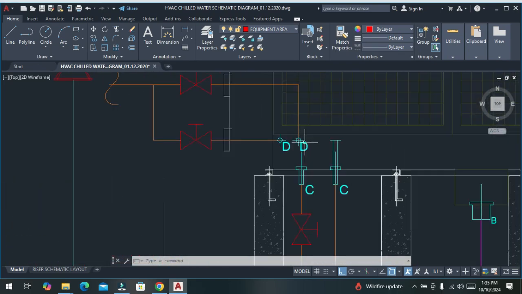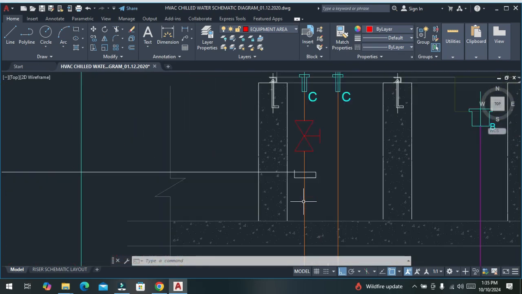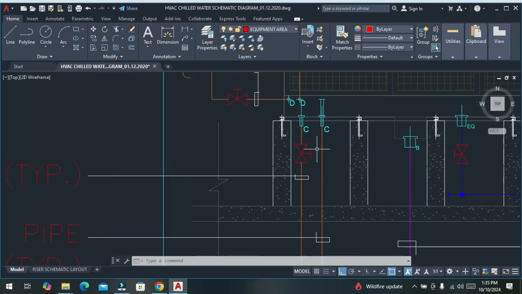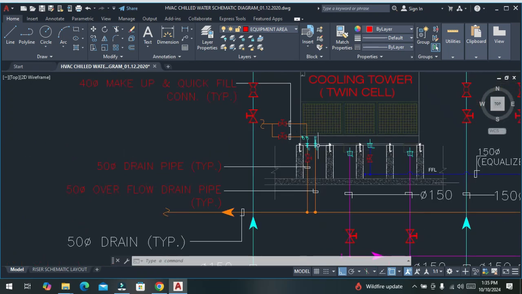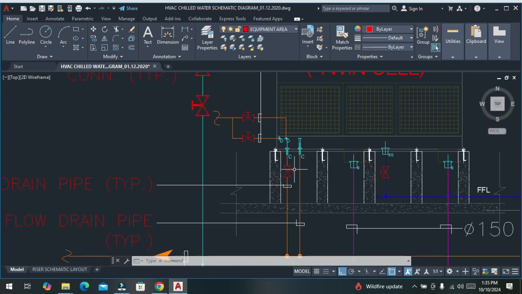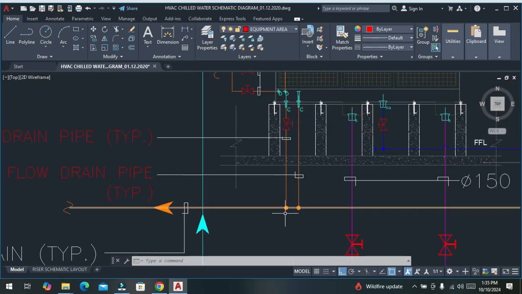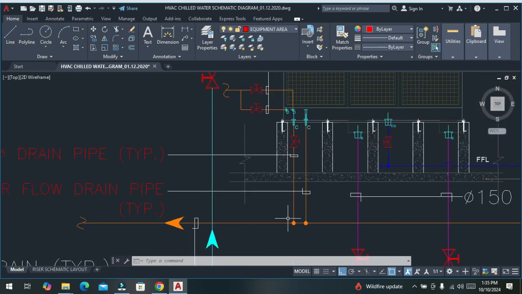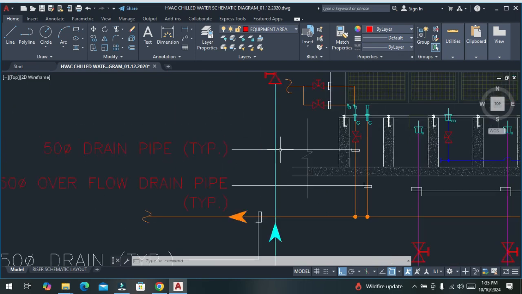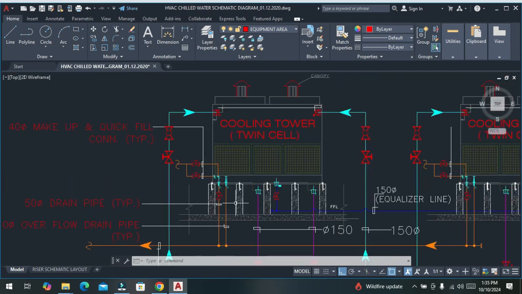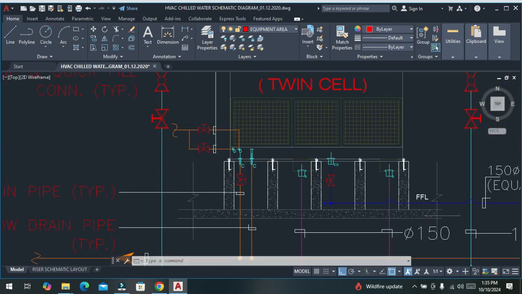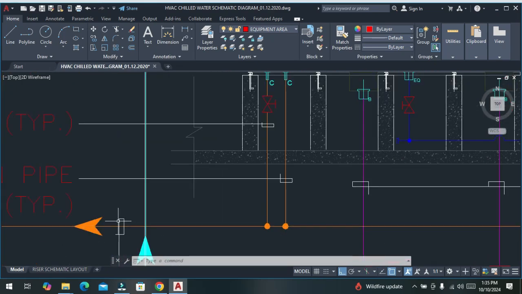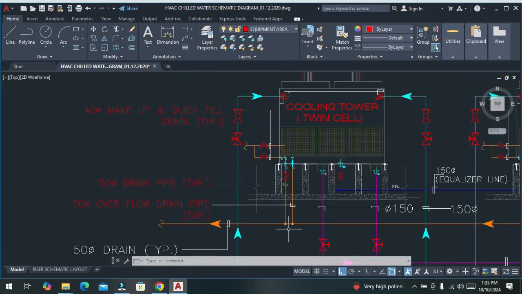This one is the drain pipe. If we want to clean the cooling tower, we first have to isolate the valves, then open this drain line and it will drain. The overflow pipe is also connected to this drain line.